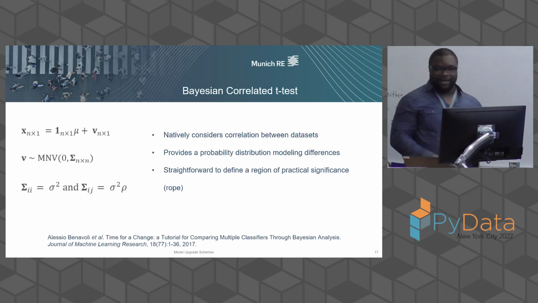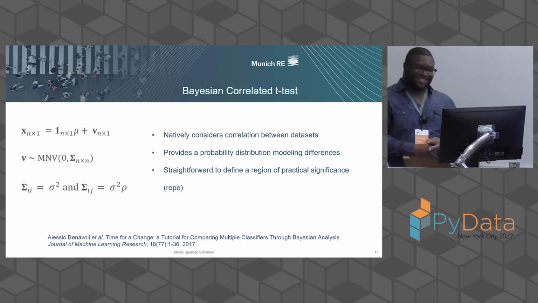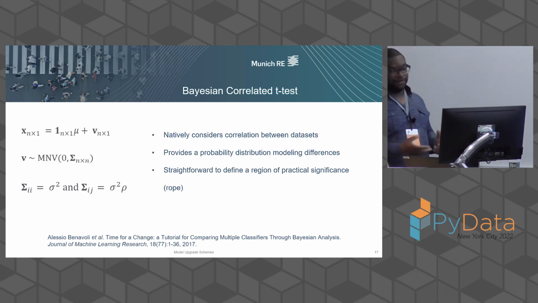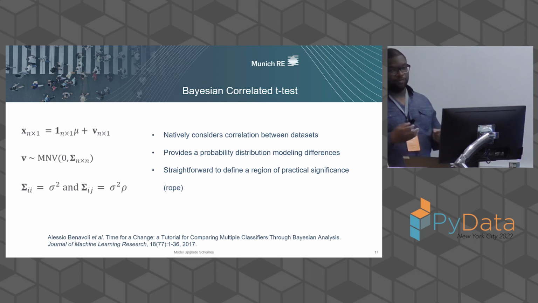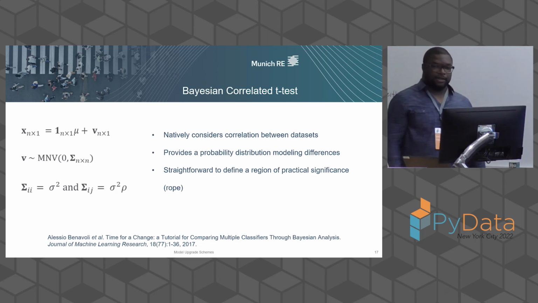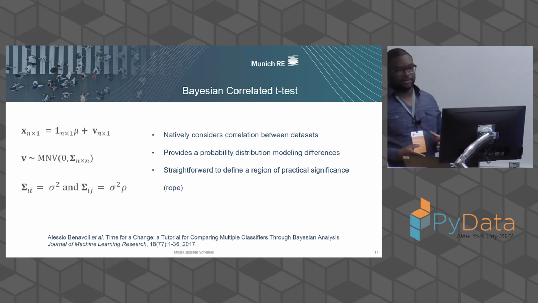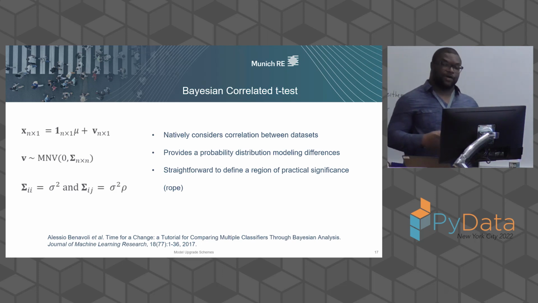And so I introduced the Bayesian correlated t-test, and I'm following the treatment in the reference below. The key thing about the way they went about this is that they model the vector of differences by the mean you're trying to model, plus multivariate normal noise with mean 0 and a covariance matrix, where the diagonal elements represent the variance and the off-diagonals tie into the correlation we were talking about.